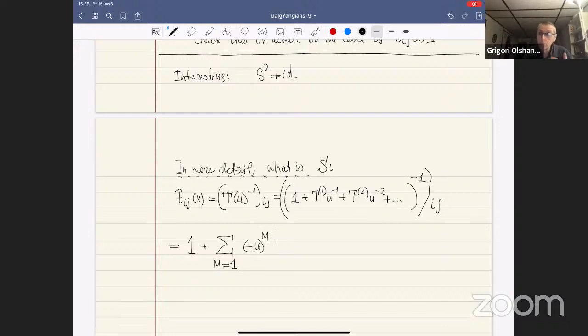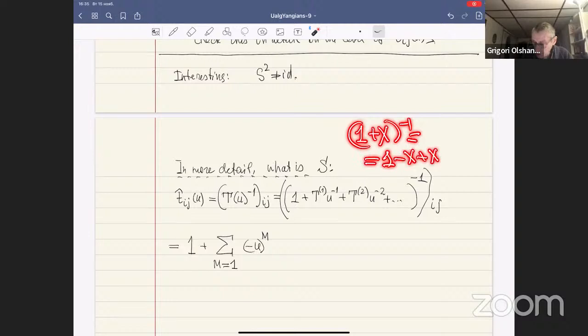So I want to take the expansion with respect to the obvious fact that we have 1 minus x plus x squared minus x.